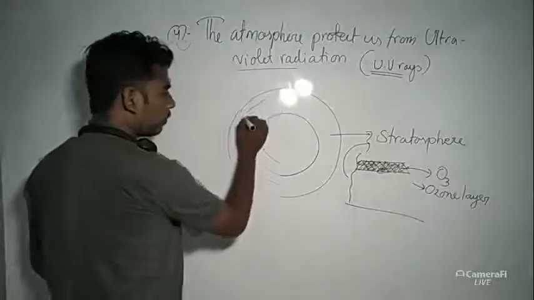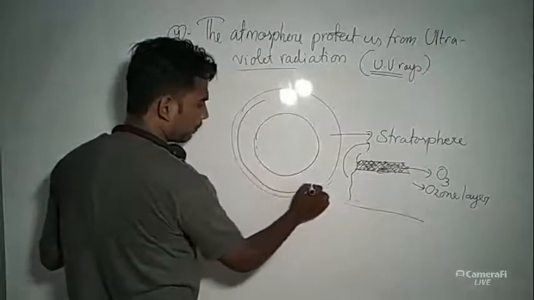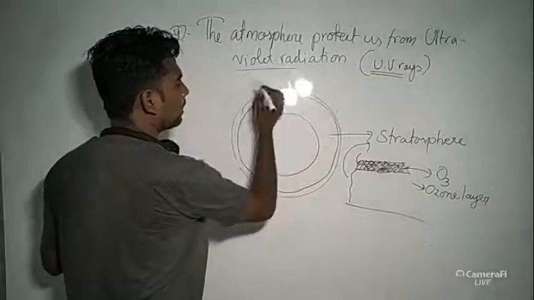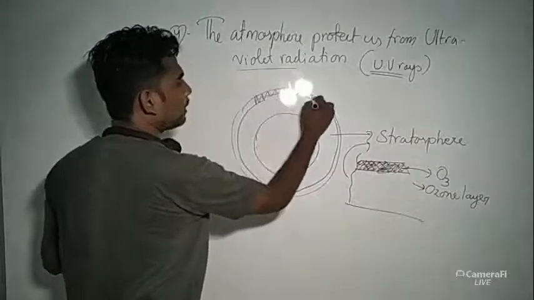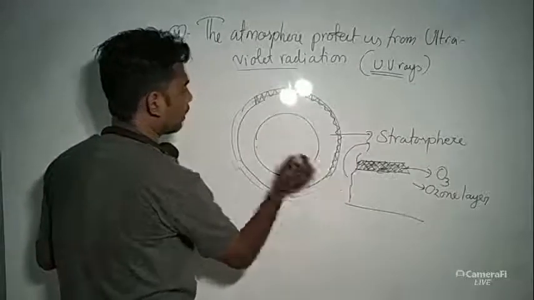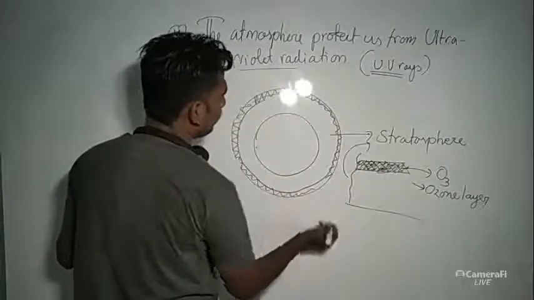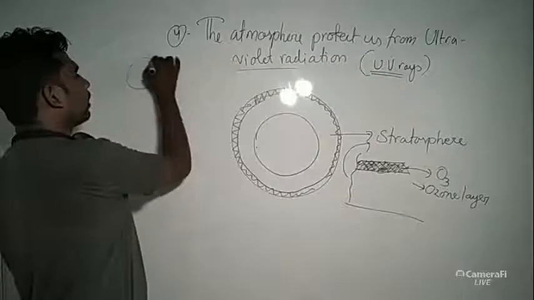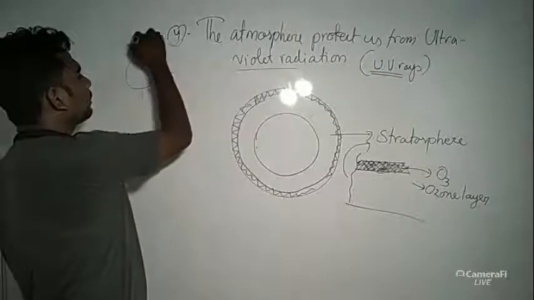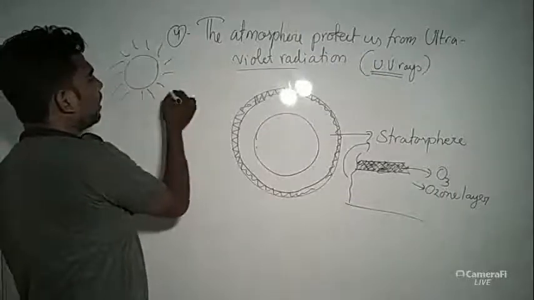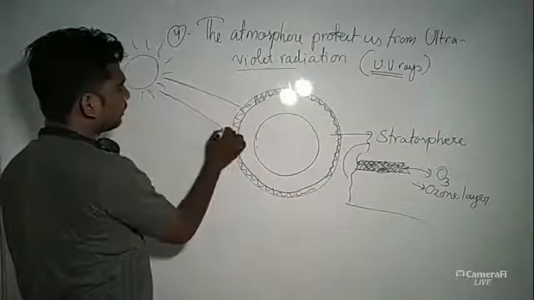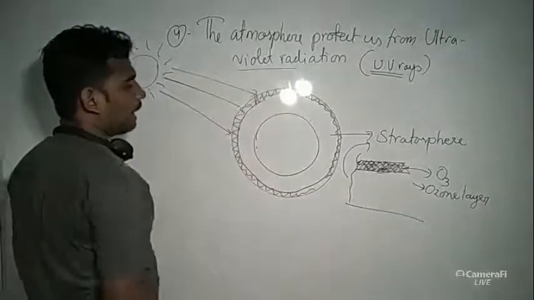So suppose मान लो this above circle is stratosphere. Here it is covered with ozone layer. So whenever the solar radiation falls on this layer, what happens?